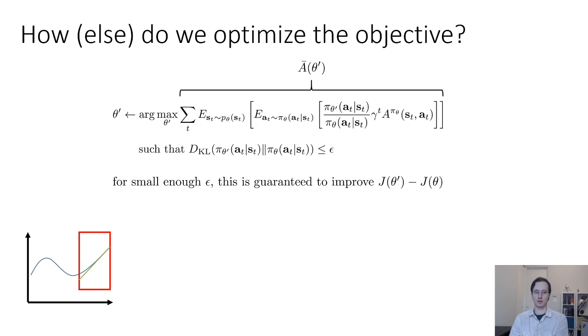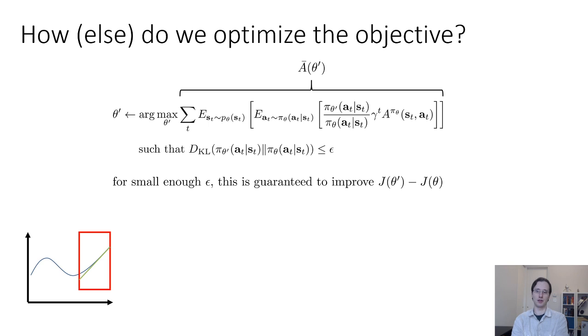And then, instead of optimizing the blue curve, which is really complicated, we optimize the green line, which is very, very simple. Of course, if we don't impose any constraint, the green line goes to positive and negative infinity, so this only makes sense if we impose a constraint, which is essentially the region within which we trust the degree to which the green line approximates the blue line, a trust region. And that's what this red box represents.